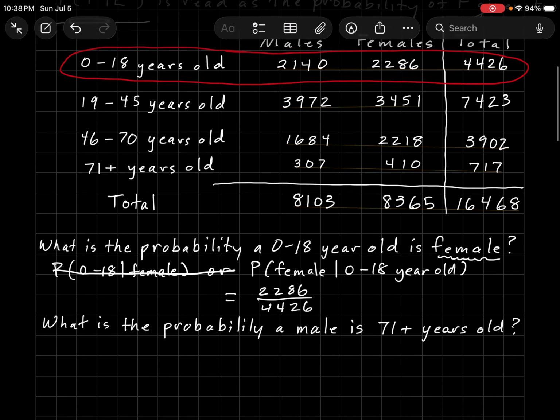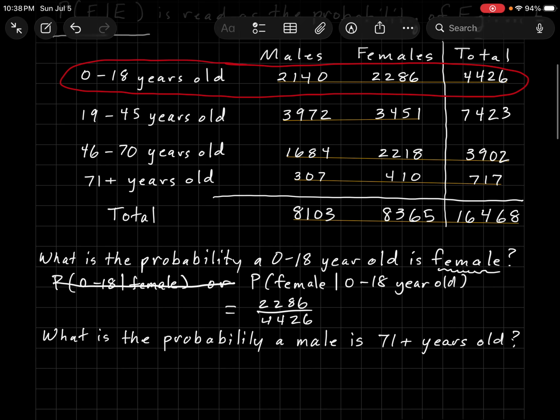So the next part: what is the probability a male is 71 plus years old? Once again, we're limiting our everything. We're taking a subset. So what is my subset? Am I trying to see the column of males only and find out how many are 71 plus years old?